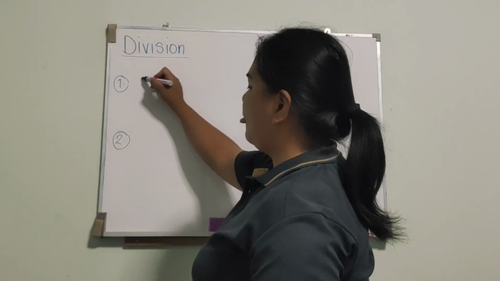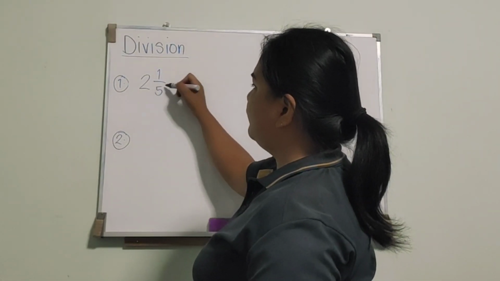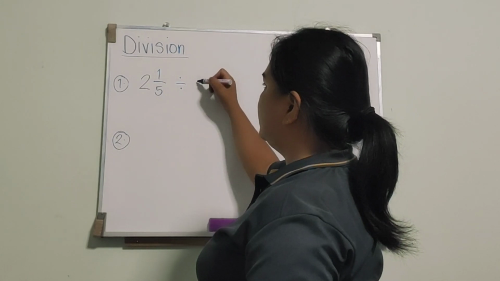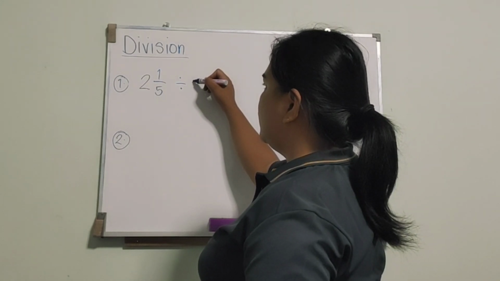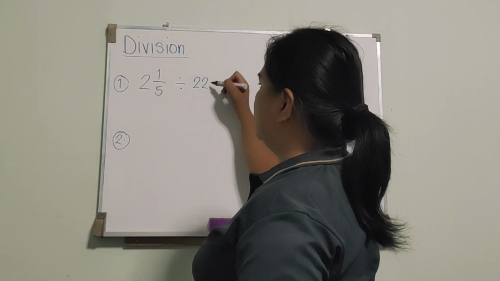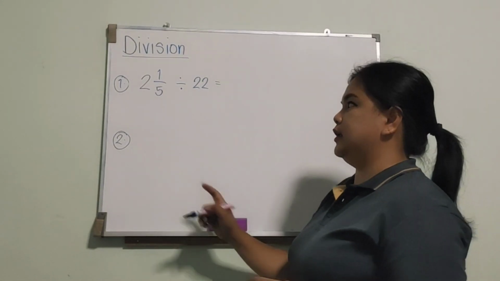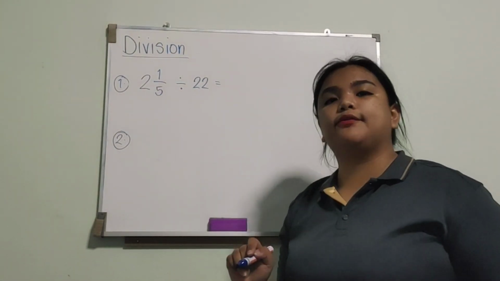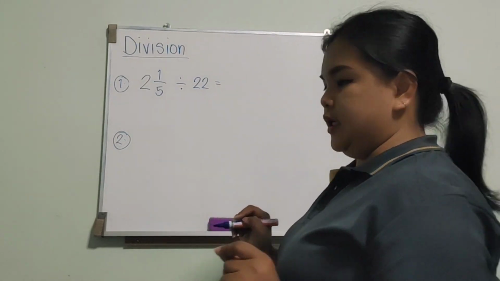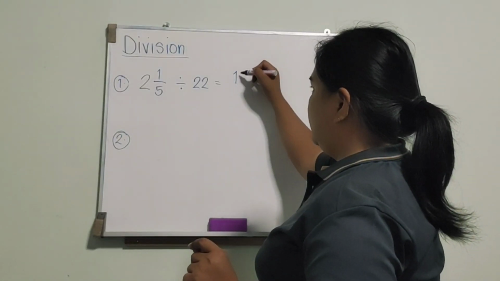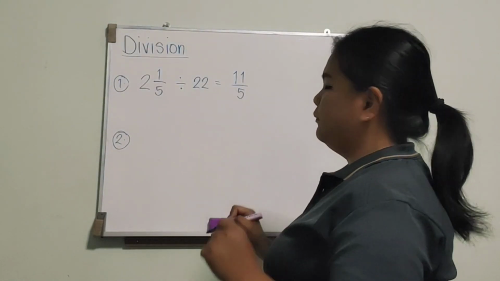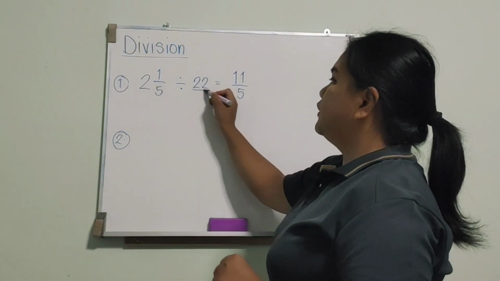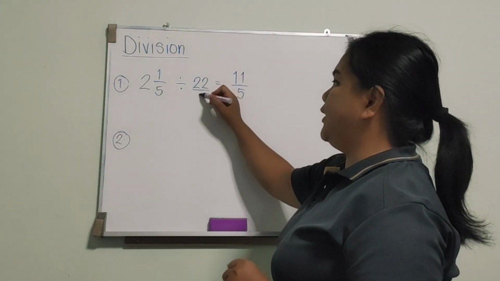Now, let's try another one, where I will insert a mixed fraction. For example, 2 and 1/2 divided by 22. Okay, let's try this one. If it is a mixed fraction, always change it into improper. And then, a whole number always has 1.